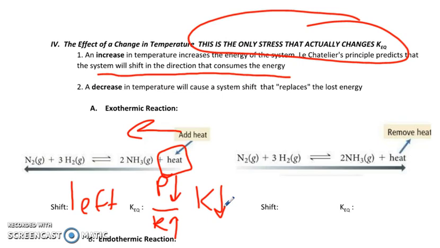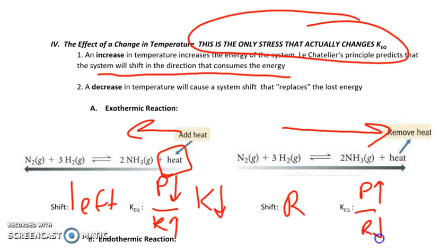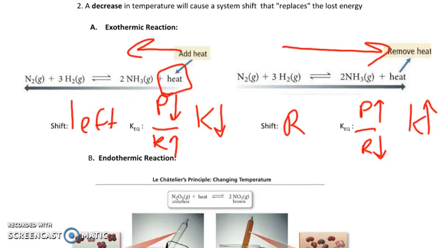If I remove heat, all right, it's going to shift to the right, and so if it's still products over reactants, products increases, reactants decreases, what happens to my K value? It's going to get bigger. Okay, so I'm going to increase that value. That's a really important idea, so make sure you understand this. This makes sense to you.